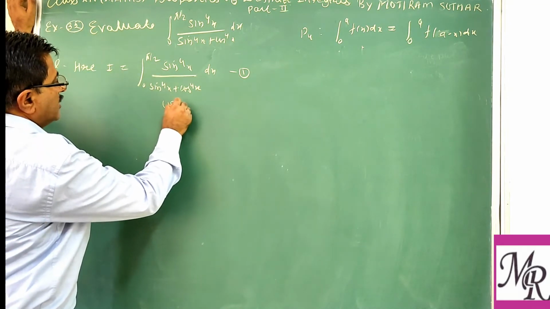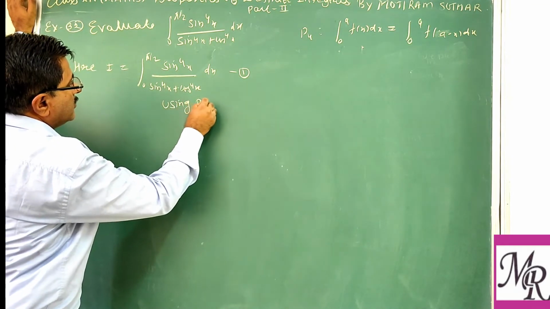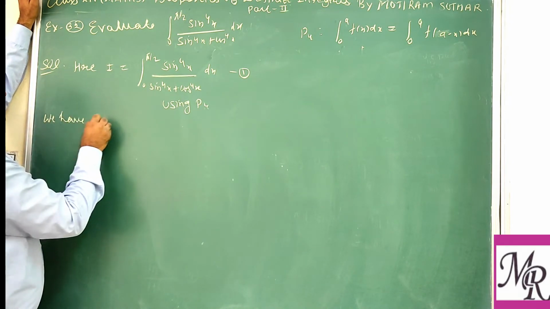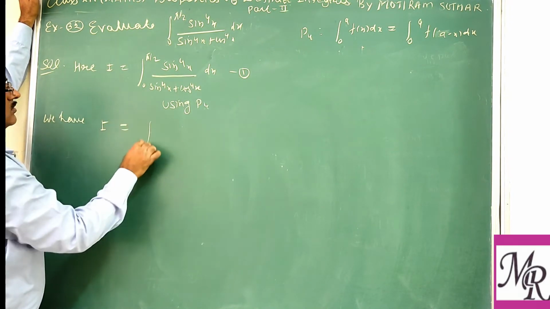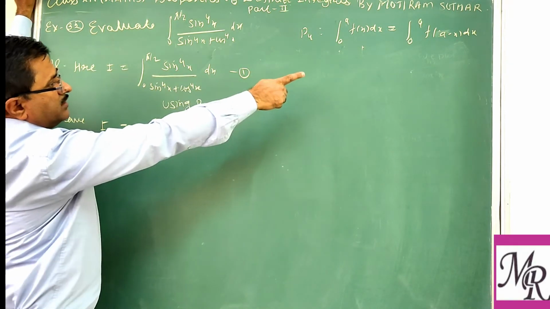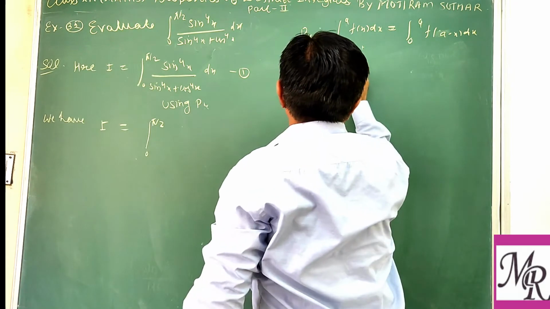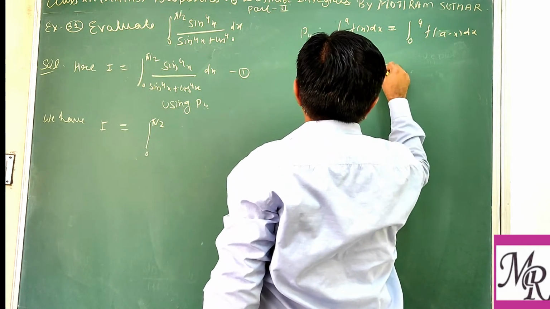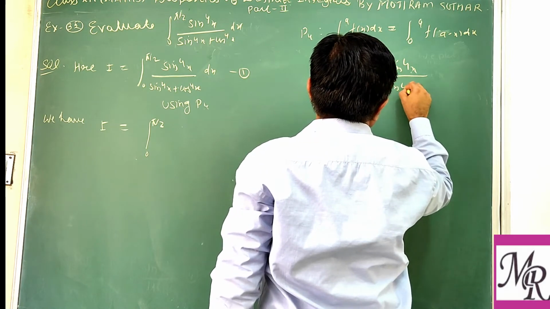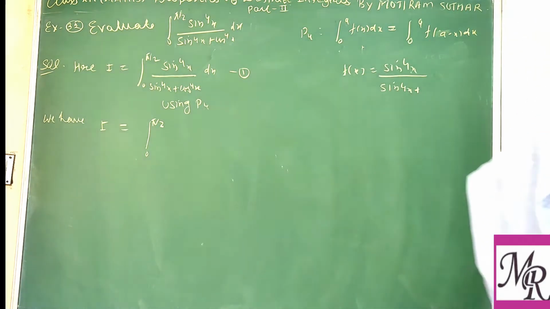So you can say using P4, we have I equal to integral 0 to pi by 2. Now x is replaced as f of x, our function is what? Sin power 4x upon sin power 4x plus cos power 4x.